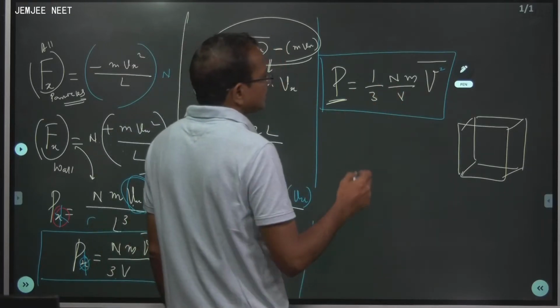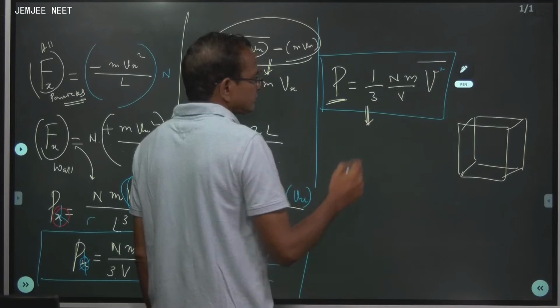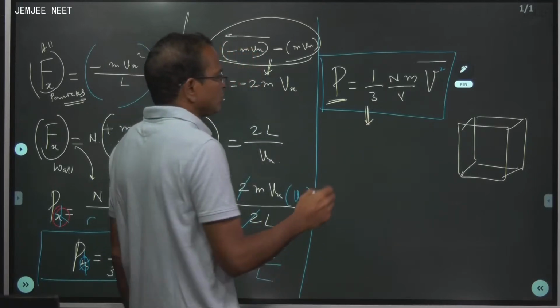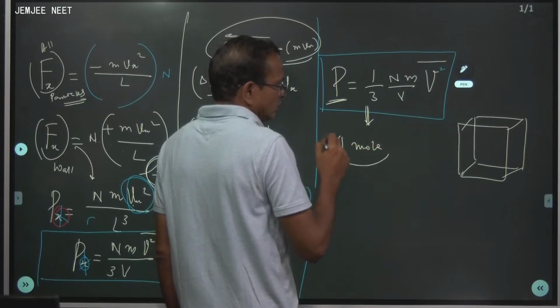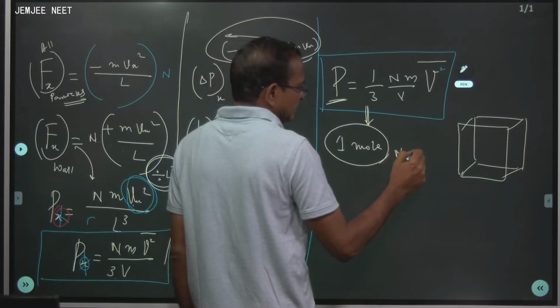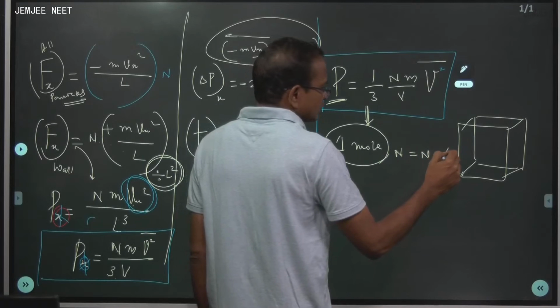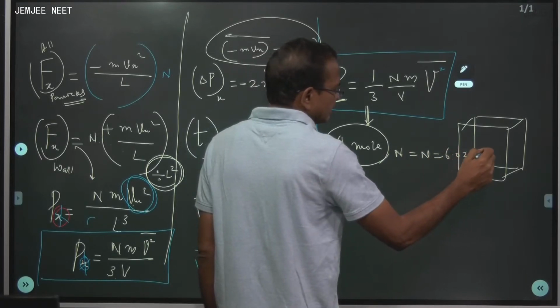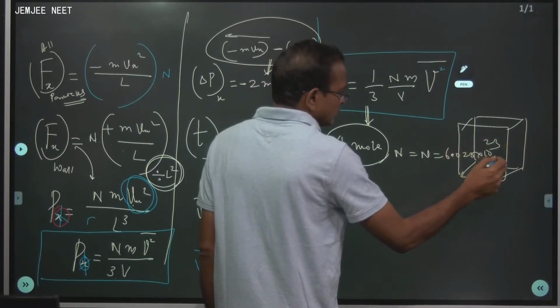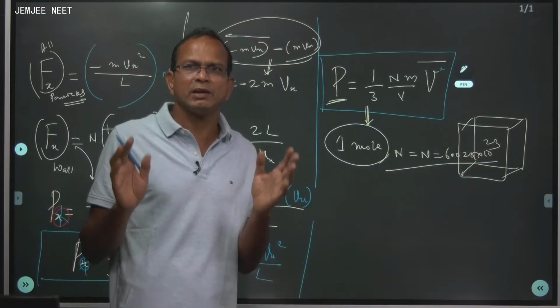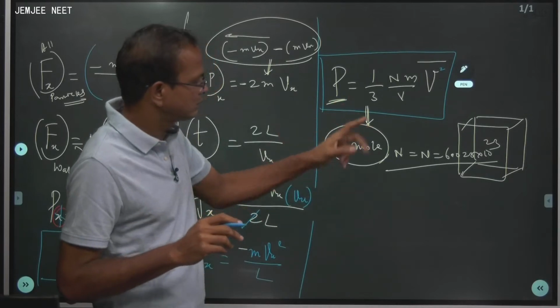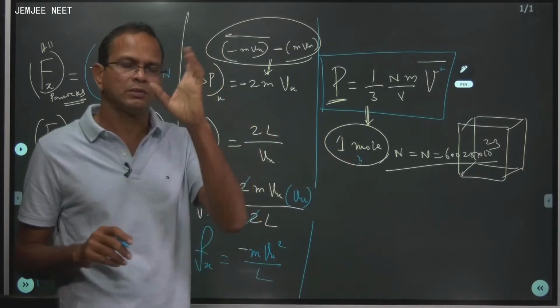Pressure is this much. Then I want to go ahead for 1 mole. Then this N becomes 6.023 into 10 power 23, provided I assume 1 mole of gas. Now my box, my aluminum dabba, has got how much gas? 1 mole.